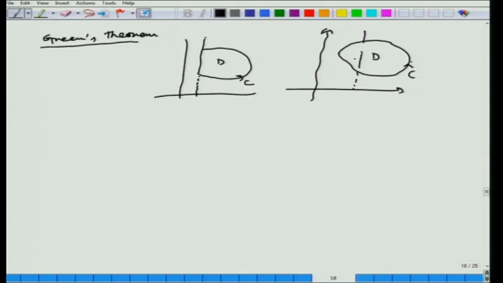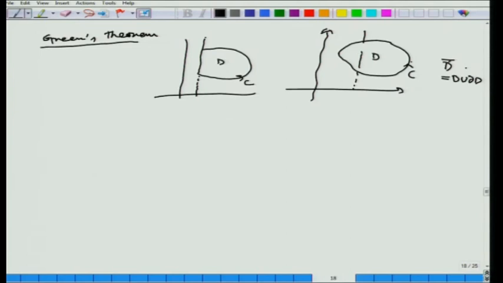So in particular, first we will take the simplest case where the vertical line has at most 2 points common with the domain D closure. D is the domain, so D closure is actually D union the boundary of D. So only 2 points, this and this, will have intersection with this vertical line.